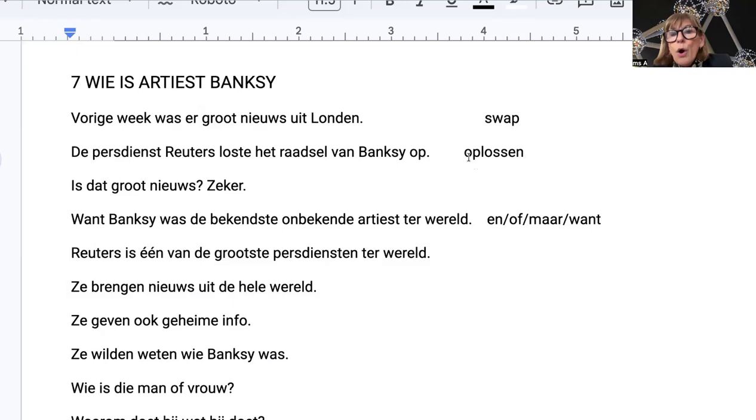Remember I told you sometimes this part, the part in the beginning, is detached and is put at the end of the sentence. So you see, you put one part here and one part there. It means to solve. So the press service Reuters solved the mystery or the riddle, raadsel, it's a bit like a riddle or a mystery, of Banksy.